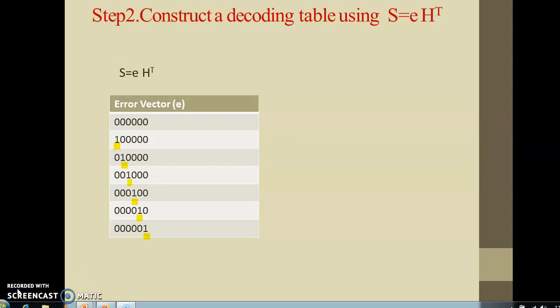In this way, we are going to write all 6 error vectors.